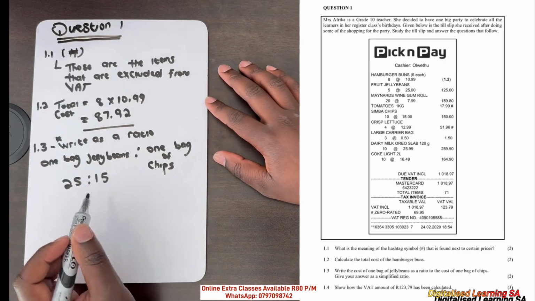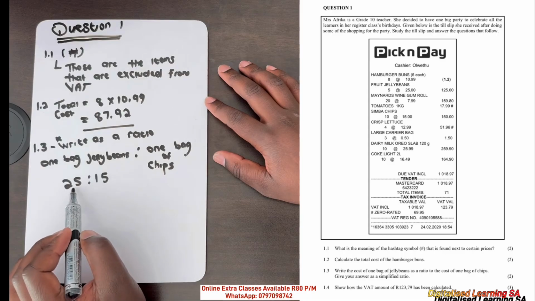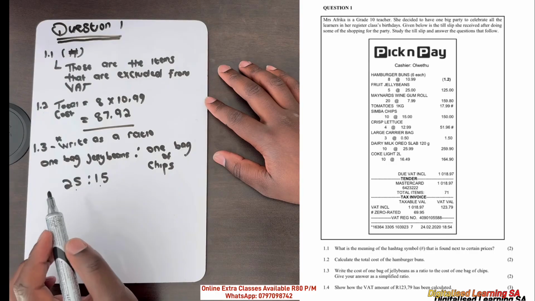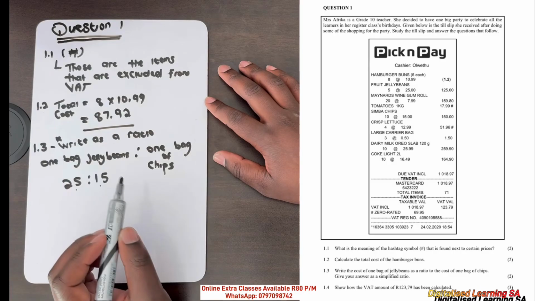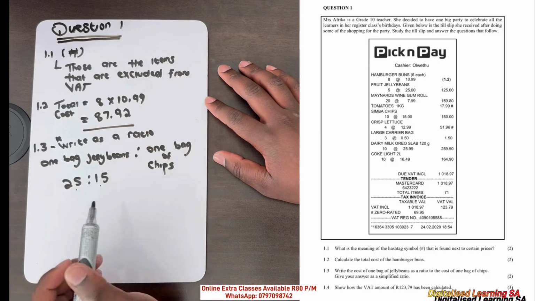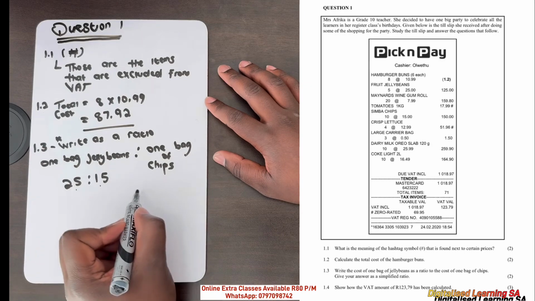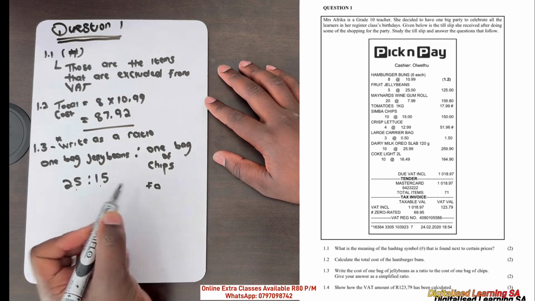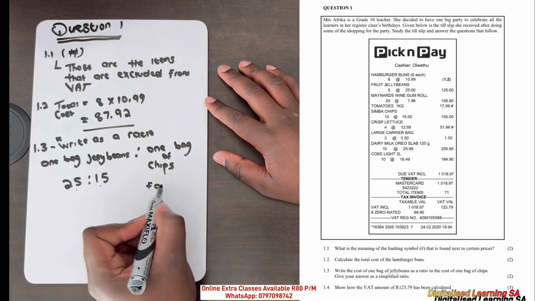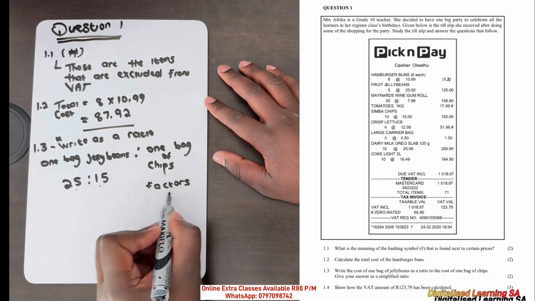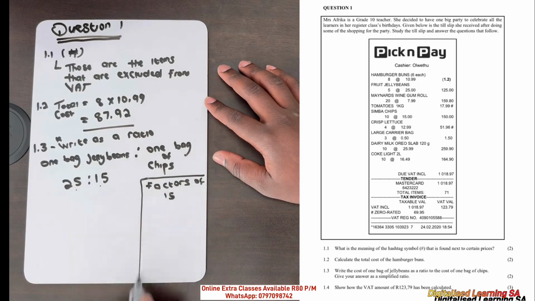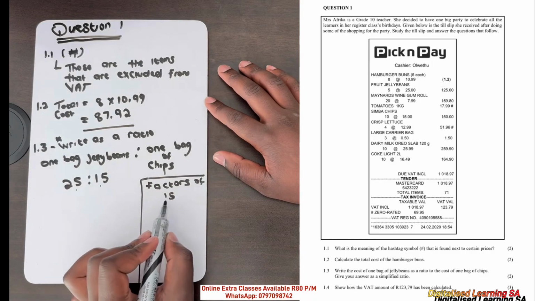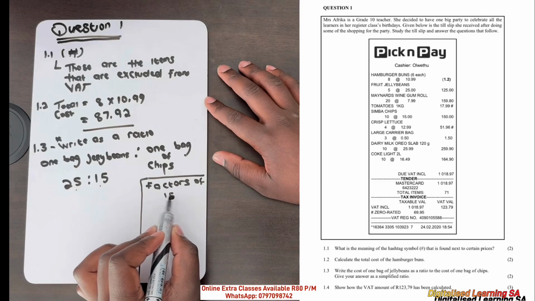To do that, we need to find the factors of either 25 or 15. What do we mean by factors? Factors are numbers that when we multiply them, they give us 15 in this case. So let's start with 15. We need to find numbers that when multiplied give us 15.